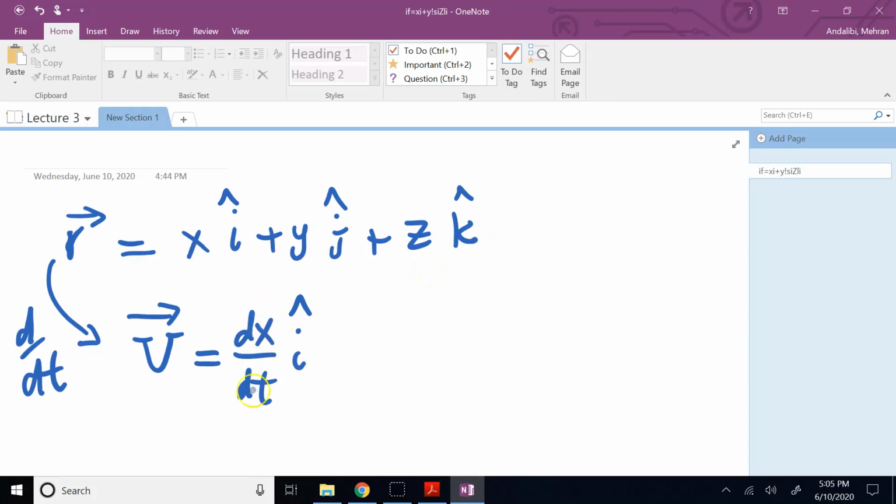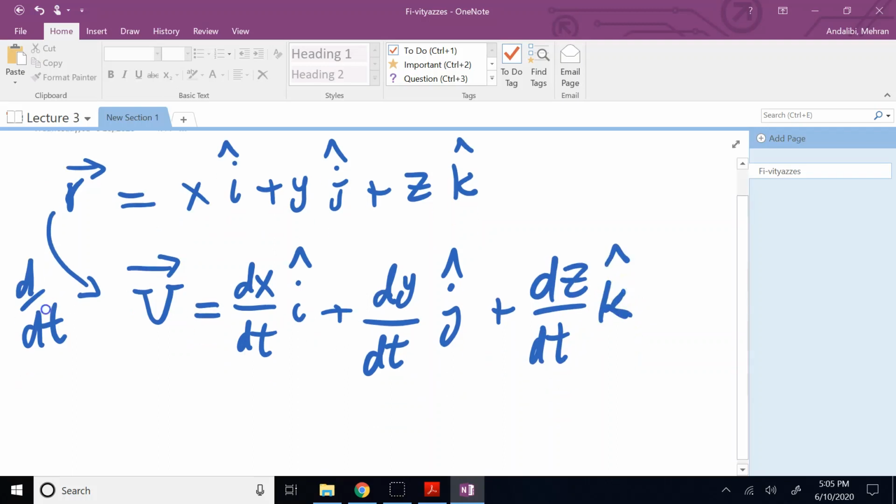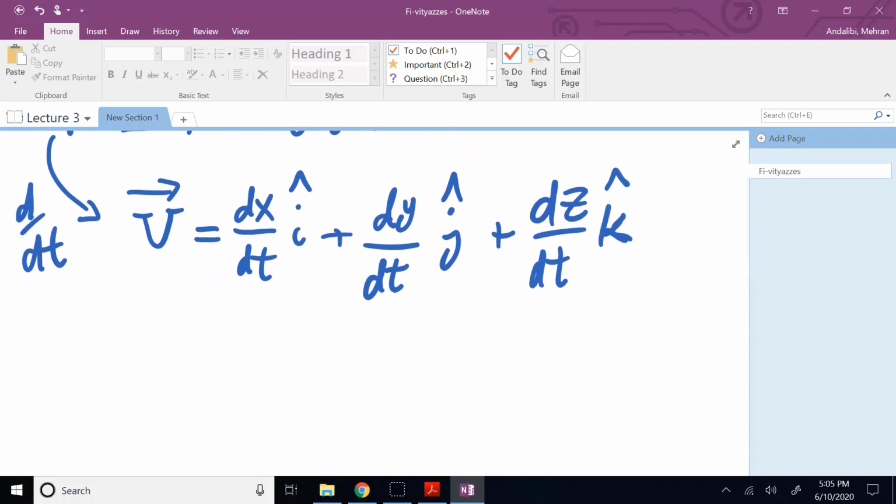So it's going to be just dx over dt times i plus dy over dt times j plus dz over dt times k. Okay, so that's the formula for velocity. Now, we use a notation from this point on in the textbook, and that is the notation dot.